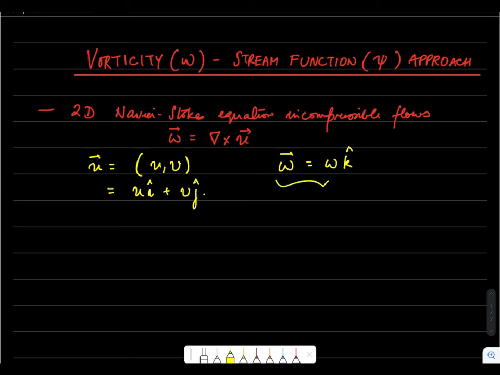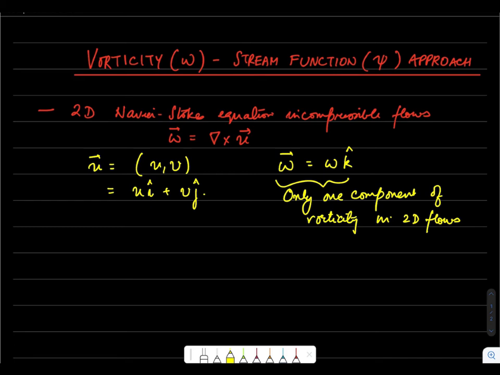The important thing to note is that there is only one component of vorticity in two-dimensional flows, and that makes it easier to set up the equations for this method.